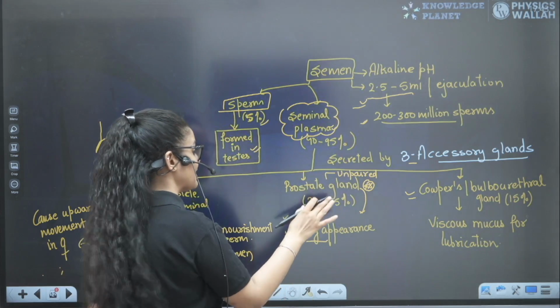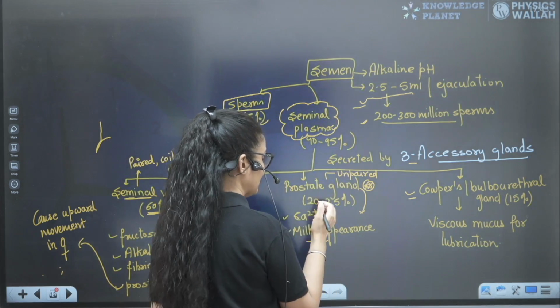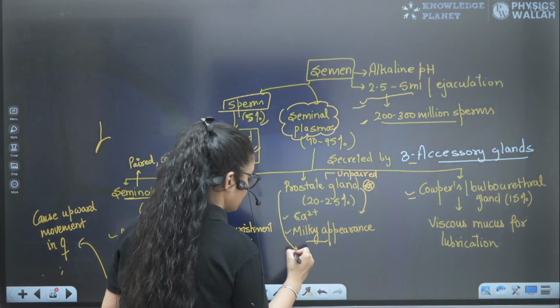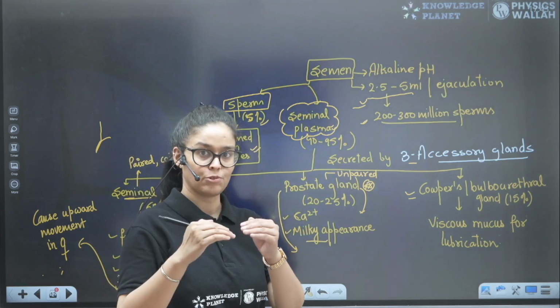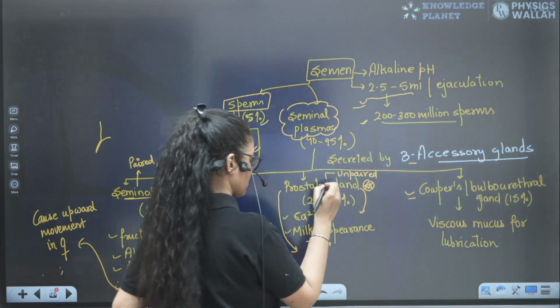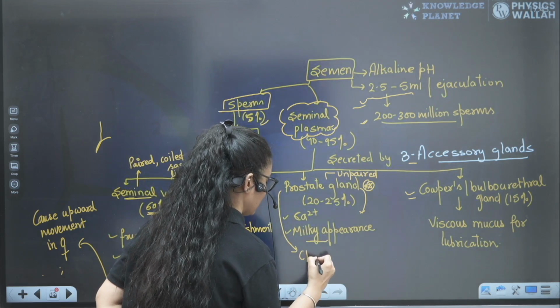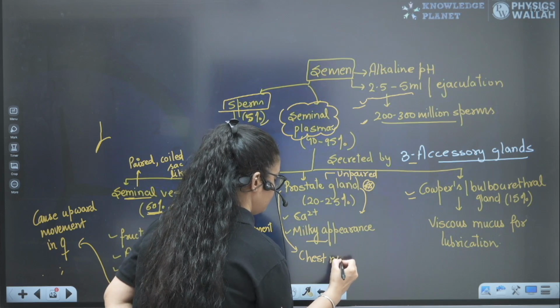So it's unpaired, chestnut shaped, present below the urethra, right? That is the location. So the prostate gland is chestnut shaped and unpaired.